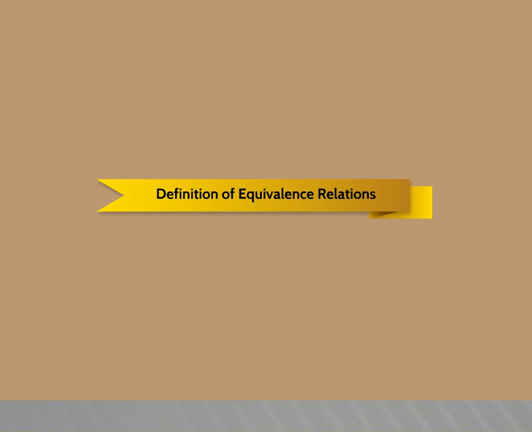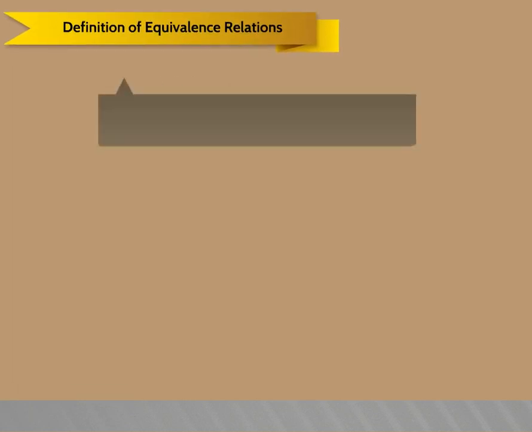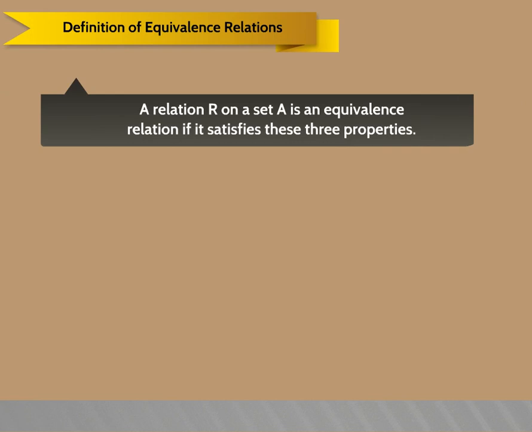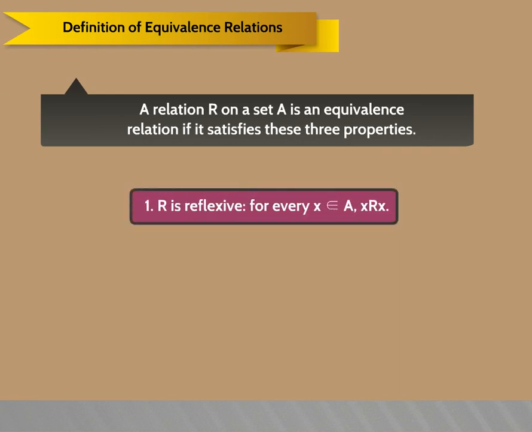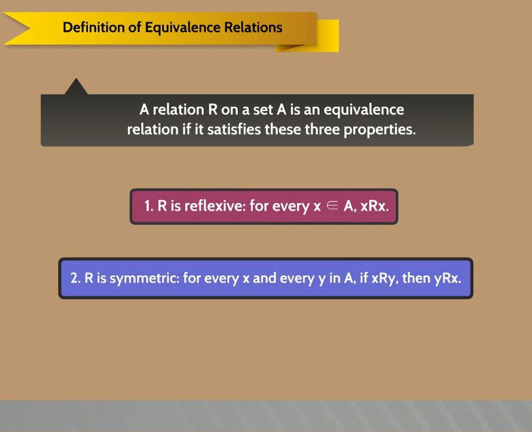Definition of equivalence relations. A relation R on a set A is an equivalence relation if it satisfies these three properties. R is reflexive: for every x in A, xRx. R is symmetric: for every x and every y in A, if xRy, then yRx.